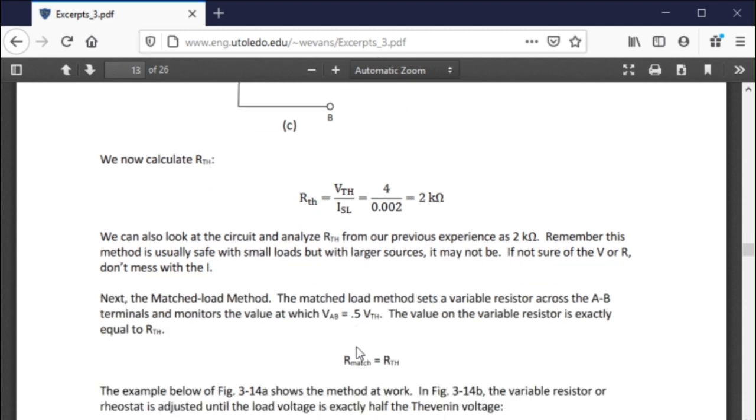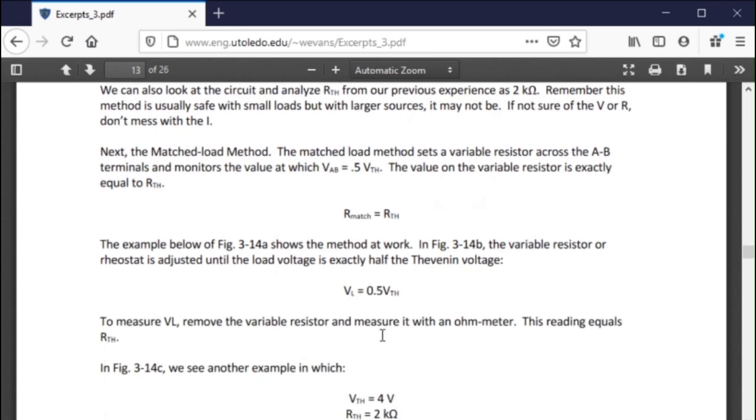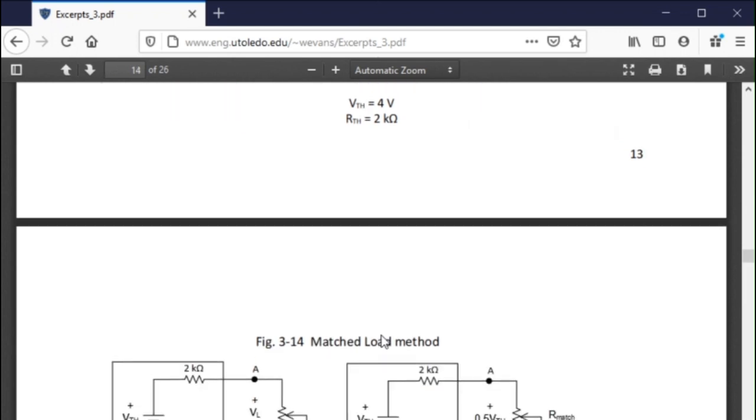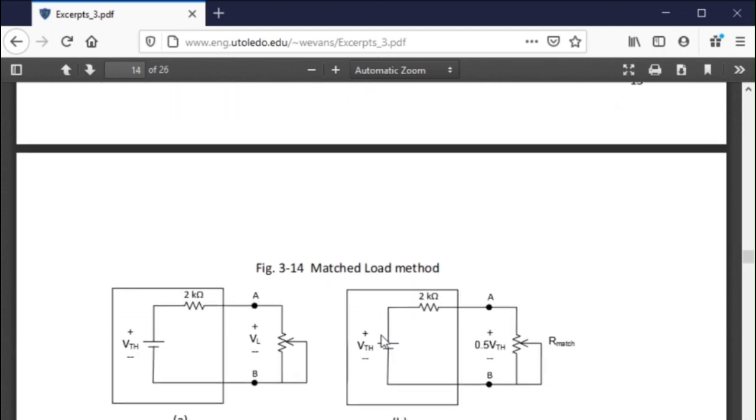Okay, so there's a lot of ways of calculating these, and another way is to do this. So you're going to play with that voltage across the output until you get it exactly half of what it would be if you had an open circuit. So basically you have an open circuit, measure the voltage, and then you start playing with the resistance until you get the voltage A to B to be exactly half.